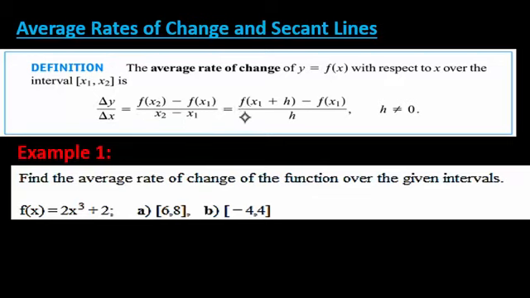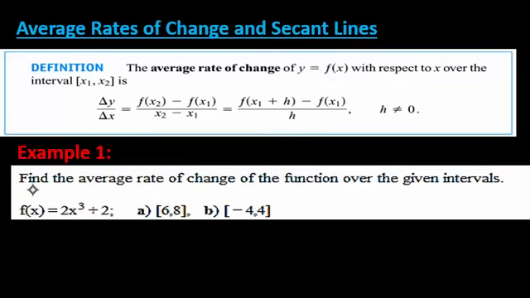That could also be written as the quotient f of x1 plus h minus f of x1, over h. What is h? h is just the distance between x2 and x1. In the previous example, that was 6 months, or 12 months, etc.